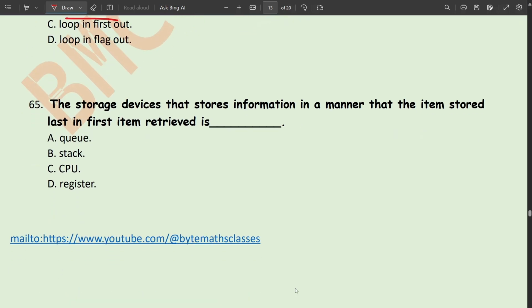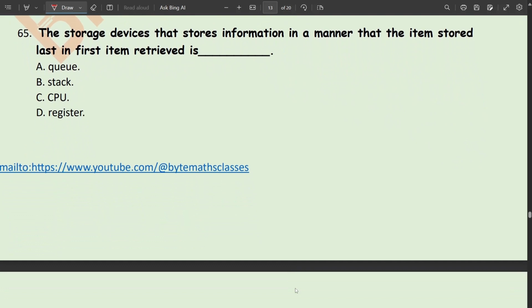Next, the storage device that stores information in a manner that the item stored last in first item retrieve is stack. Option number B is correct.